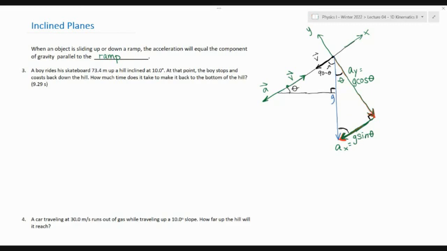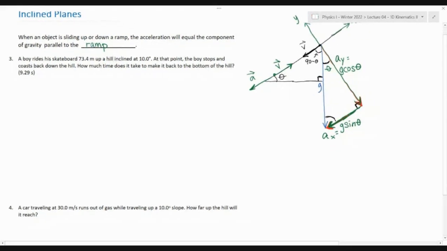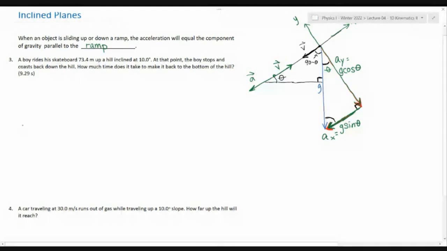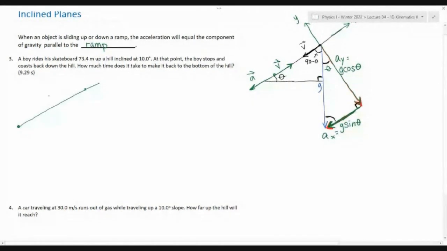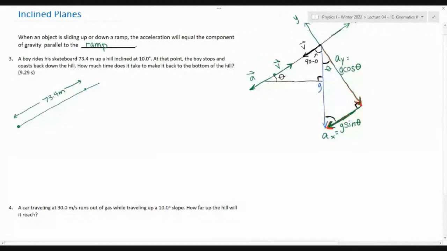Okay, so let's do question 3 and see if this all makes sense when we put it all together. A boy rides his skateboard 73.4 meters up a ramp. So he started here and now he's here. 73.4 meters is how far he traveled. At that point, the boy stops and coasts back down the ramp.